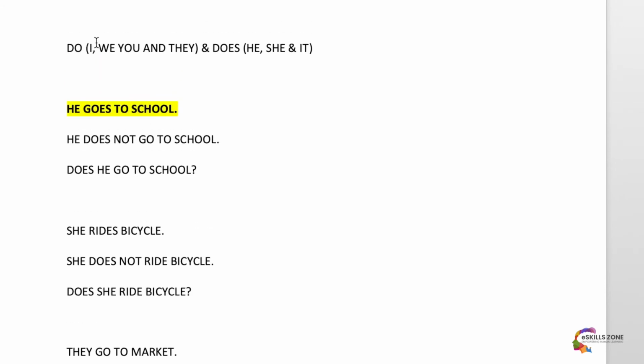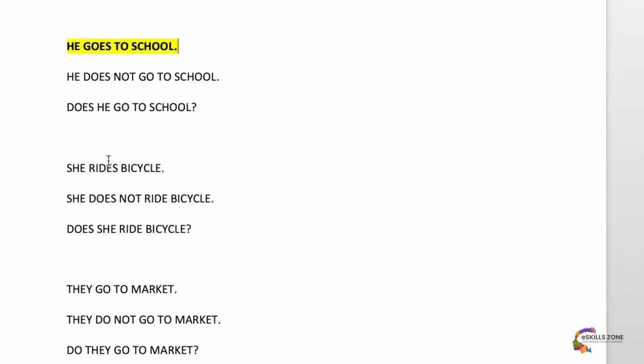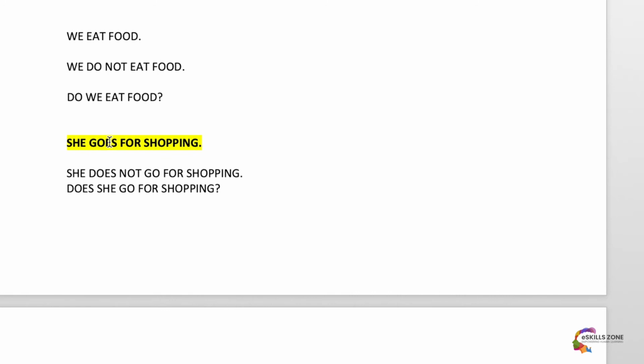You see, I've used es in both of these sentences. Just let me give you a quick recap on what I told you at that time. In present indefinite tense, for the positive sentences, you need to use s or es with the first form of the verb. That's important. That's a grammatical requirement. If you don't meet this requirement, the sentence will not be taken as correct from a grammatical point of view. So you need to keep this in mind.